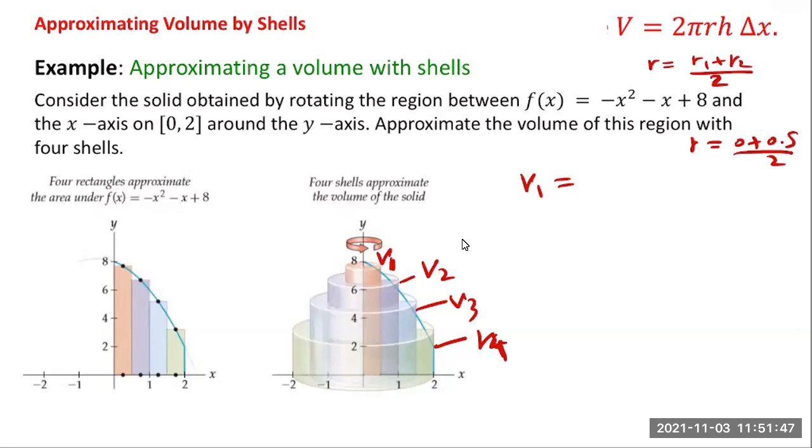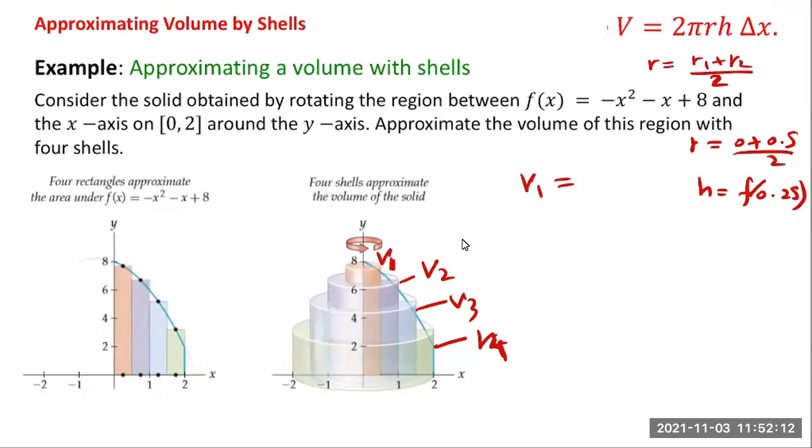And then what is the H for this shell? You take the midpoint and plug that midpoint into your function to get H. That is going to be F of 0.25.